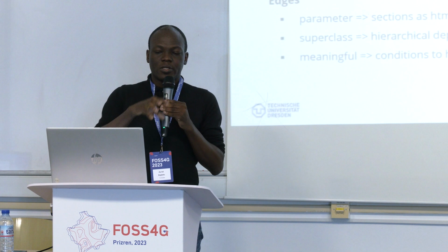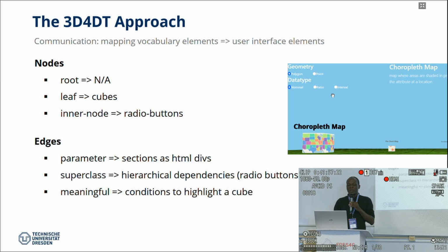Now, when we finish this, there is a question of how we build the scene automatically. Then you need a mapping from the node elements to the user interface elements. Root is not mapped to anything, but leaves are mapped to cubes. So when you have a leaf, this is mapped to a cube like this.